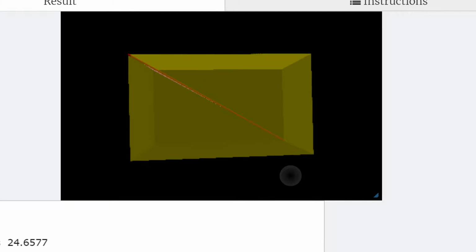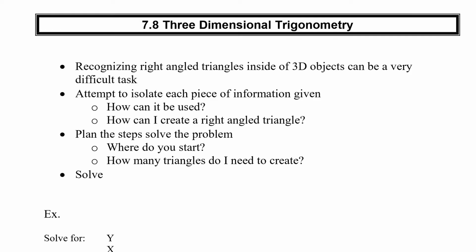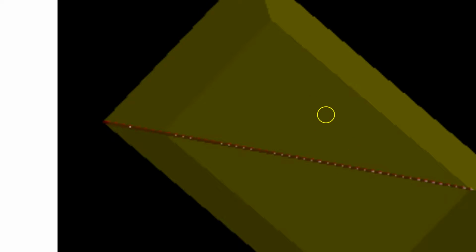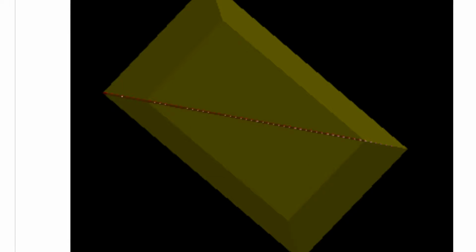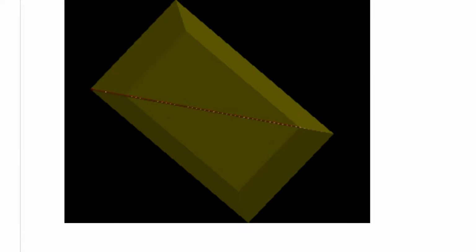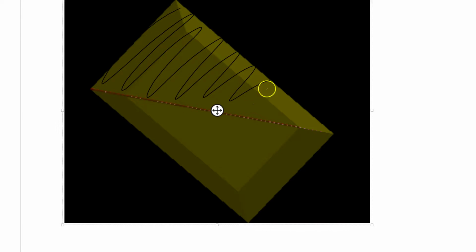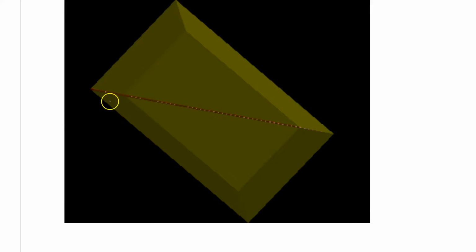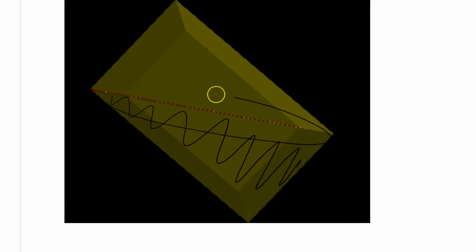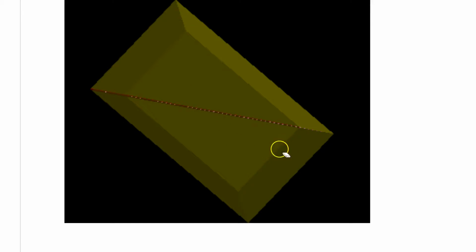If I take a bird's eye view, when I look at the bottom here, I see one right angle triangle and I see another right angle triangle. And this diagonal here, if you project it up, that's another right angle triangle.